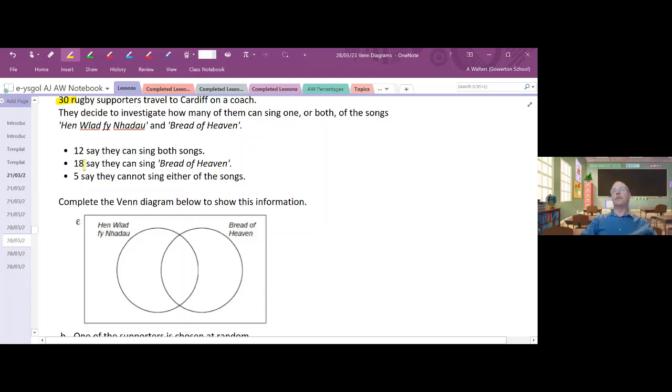Okay, so 12 people say they can sing both. 18 people say they can sing Bread of Heaven. And 5 people say they cannot sing either of the songs.